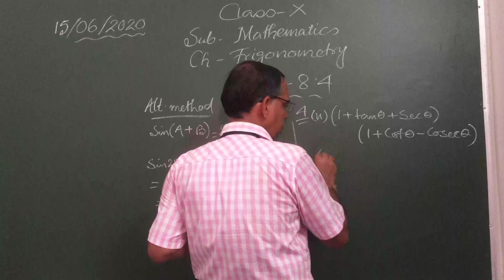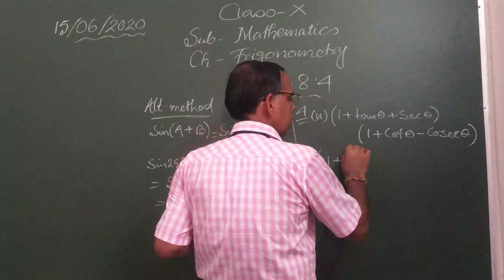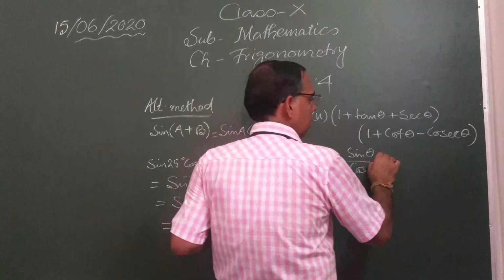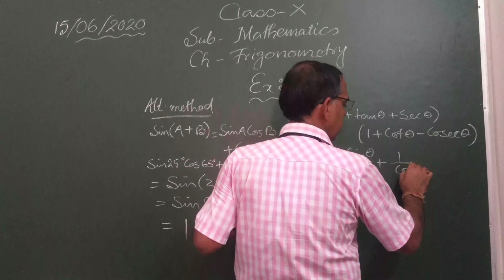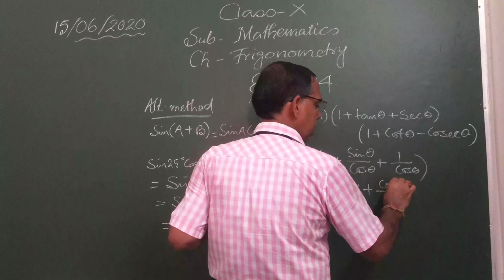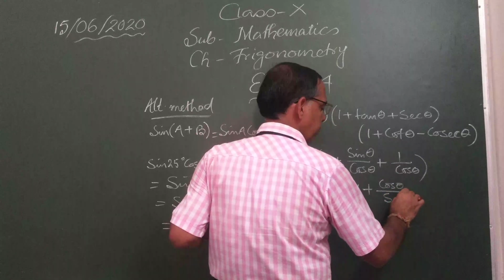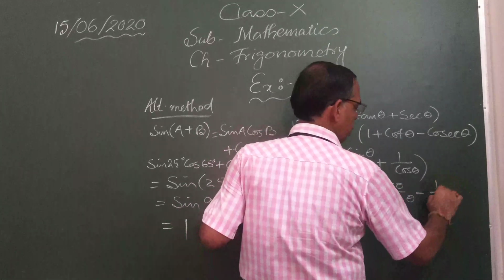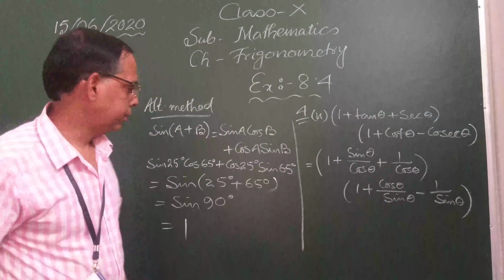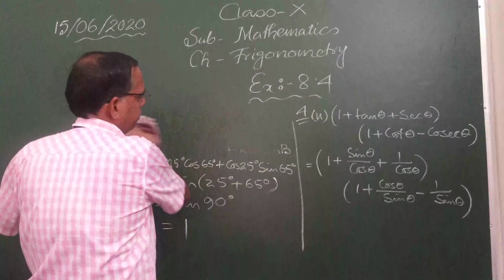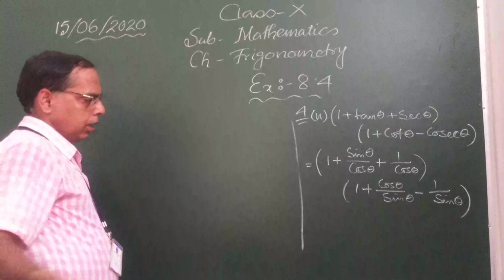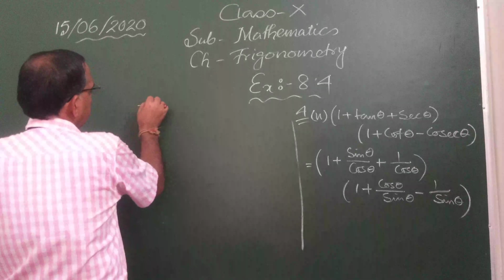So see, first of all, (1 + sin θ/cos θ + 1/cos θ)(1 + cos θ/sin θ − 1/sin θ), and then you take the LCM.